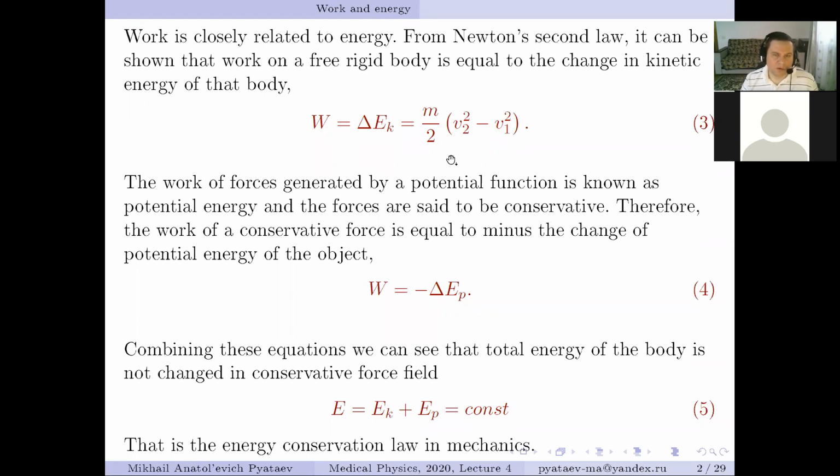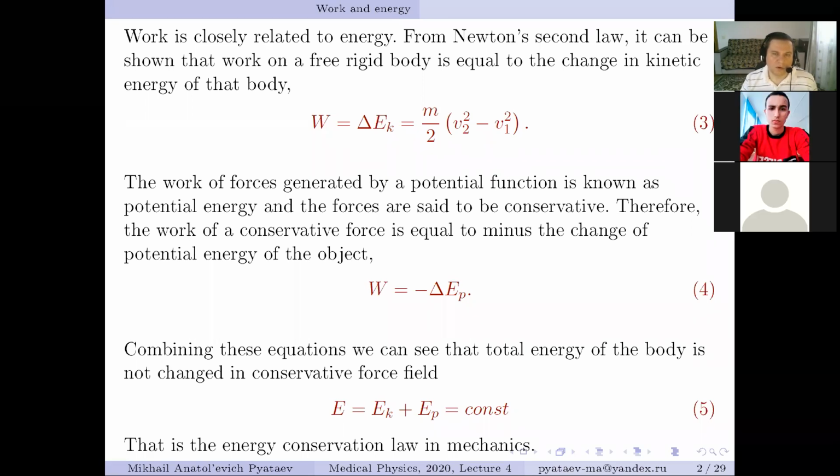If you are interested in why we need to divide m by 2, it comes from integration. If you know the integration operation, you can know that if we integrate, for example, x dx, we obtain x squared divided by 2.